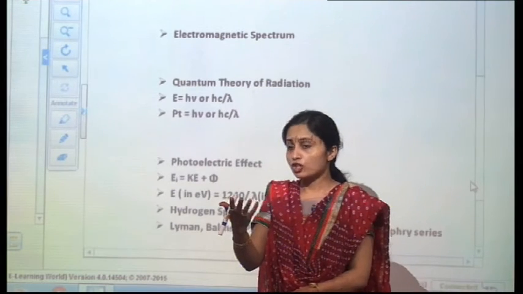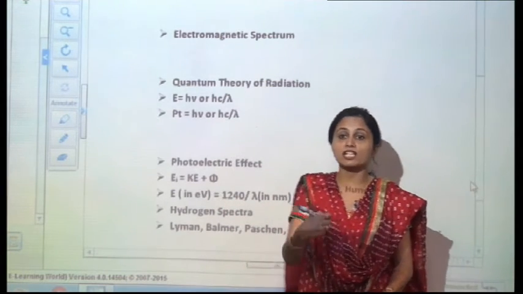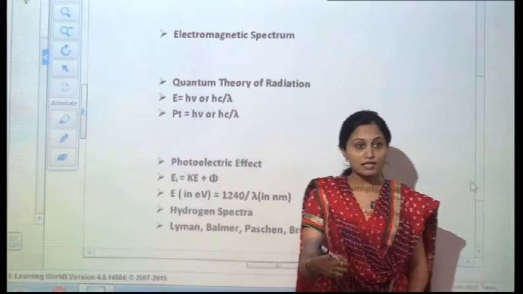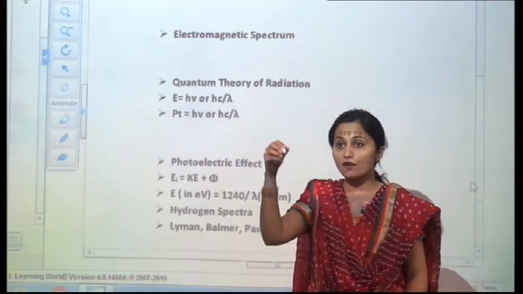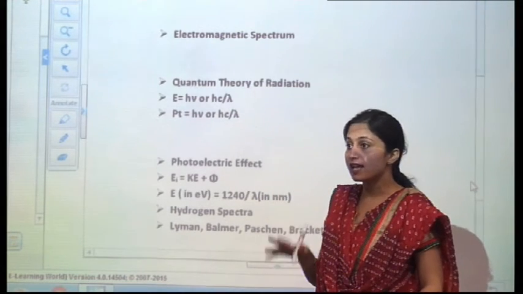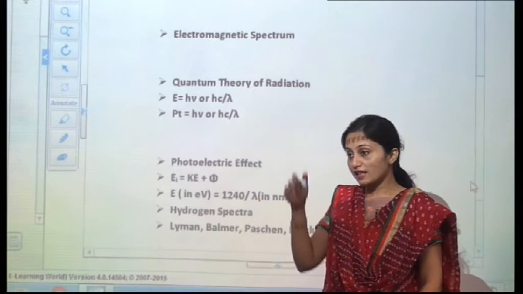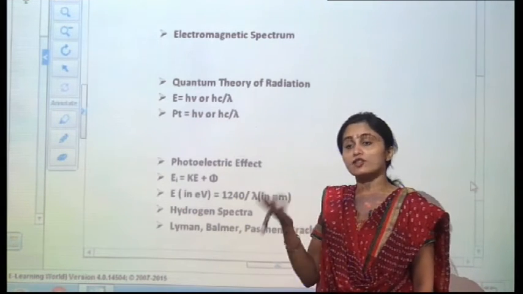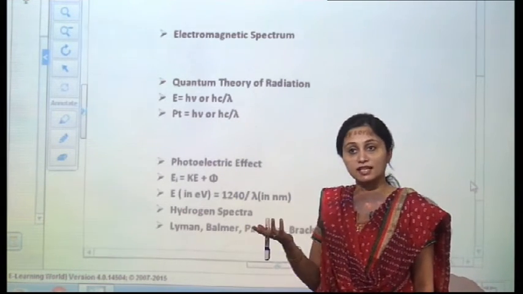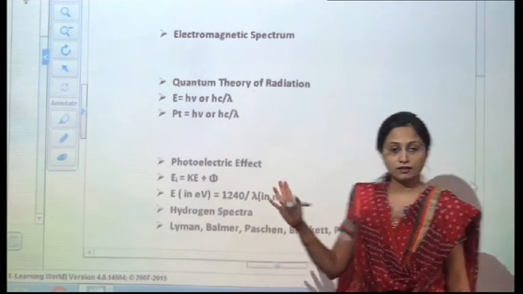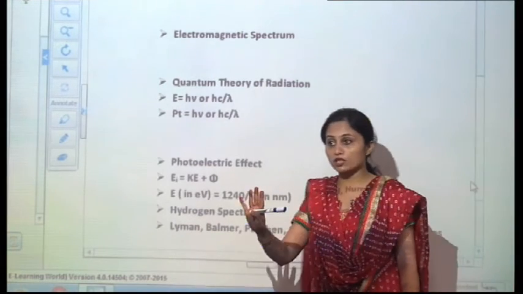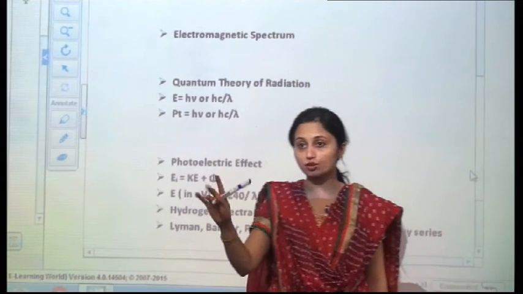Electrons. So the photoelectric effect refers to the ejection of electrons from the metal surface when light falls on it, and remember that this radiation should have an energy greater than the threshold energy. Clear to everyone?